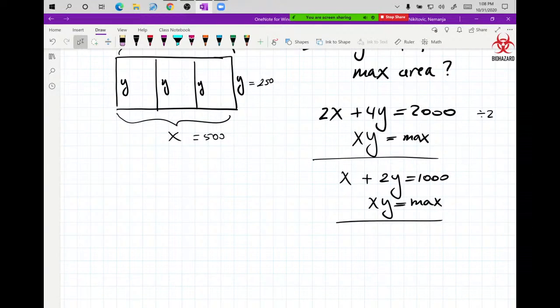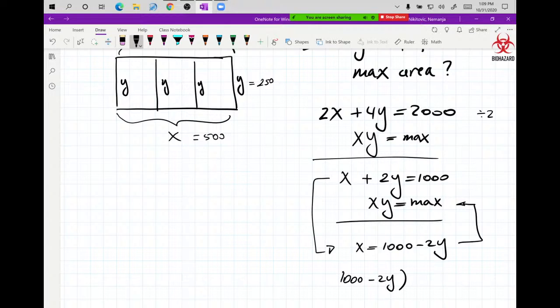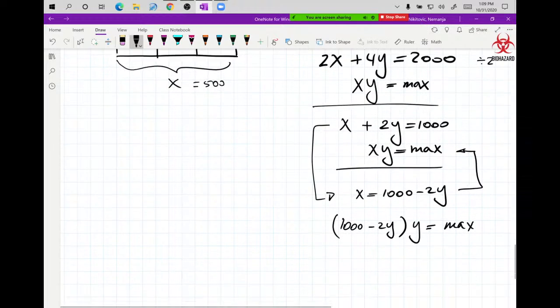Even though I haven't done anything to the max equation, I still keep it as a pair and I copy it. So now I get to write x equals 1000 minus 2y, and then we stuff that in here. 1000 minus 2y times y equals max. Distribute.